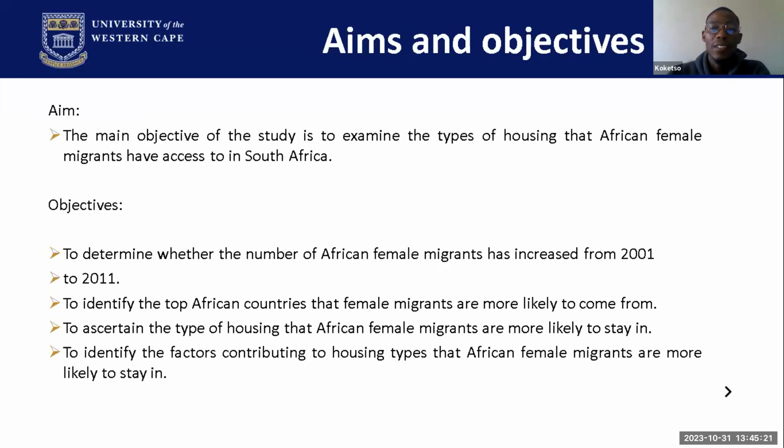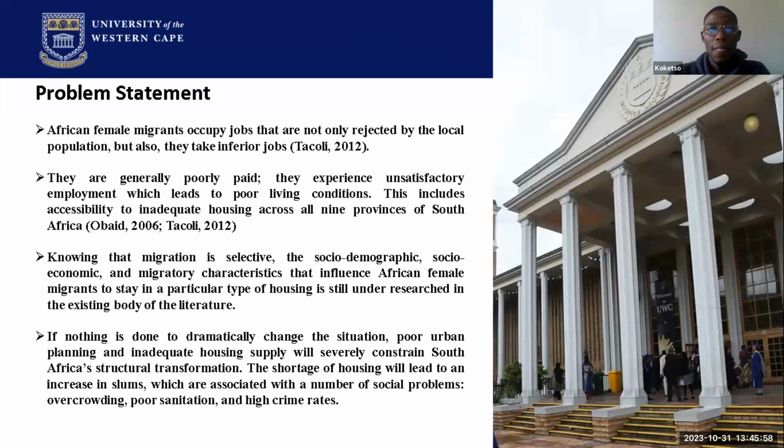The objectives are to determine whether the number of African female migrants has increased in South Africa between 2001 and 2011, to determine where most of the African female migrants come from, to ascertain the type of houses that African female migrants are likely to stay in South Africa, and also to identify the factors that contribute to housing types that African female migrants are likely to live in.